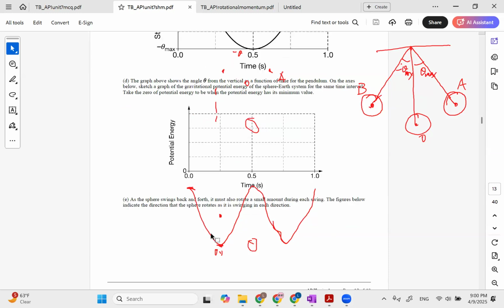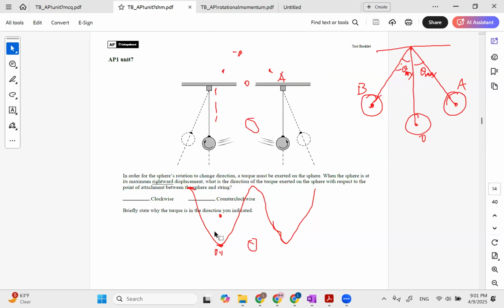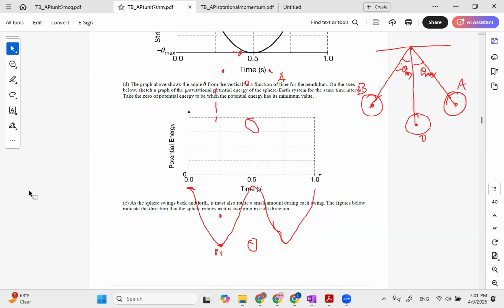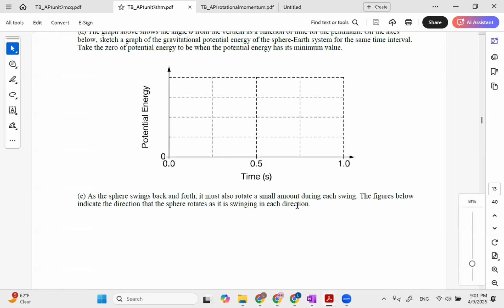Okay, then let's do E. So far, so good with this question? Okay, let's do E. So over here, when the sphere swings back and forth, it must also rotate a small amount in each string, right?